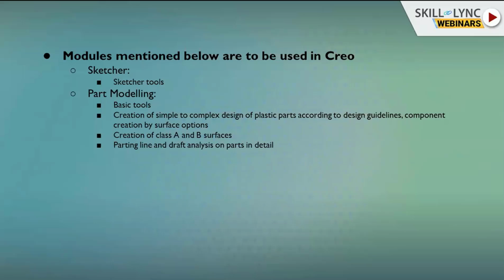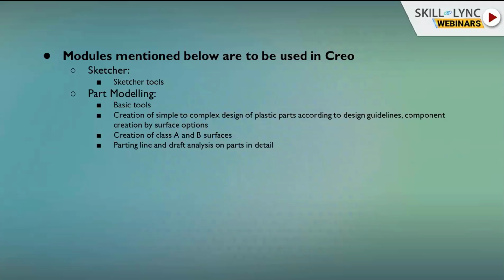Class A surfaces are those which have an aesthetic look, so on a Class A surface no parting line, gate mark, or ejection marks will be visible. And Class B surface is the surface where all these parting line marks, gate marks, and ejection marks will be seen.